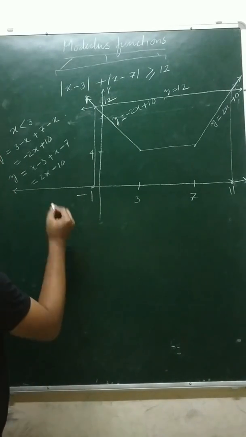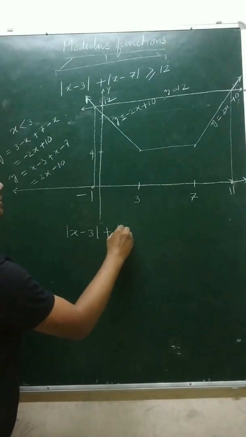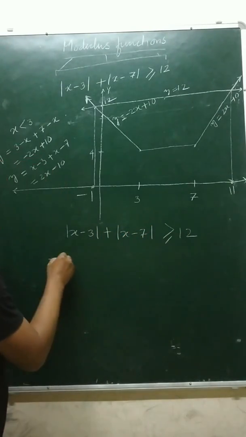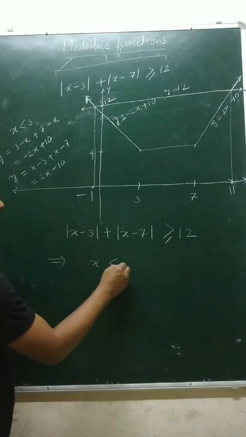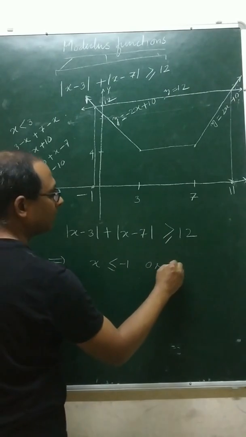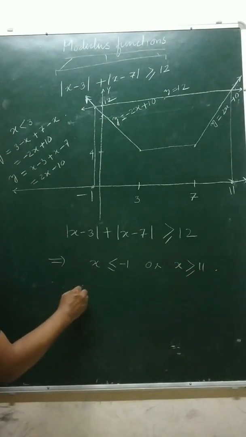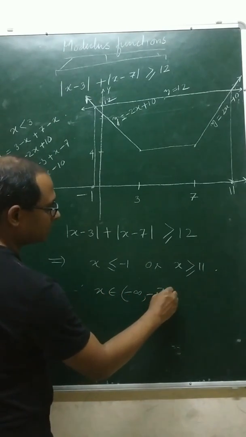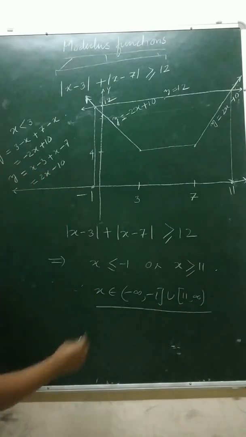So ultimately, modulus of x minus 3 plus modulus of x minus 7 greater than or equal to 12 gives us the values of x which are either less than or equal to minus 1, or x greater than or equal to 11. So x belongs to minus infinity to minus 1 closed, and 11 to infinity. As easy as that.